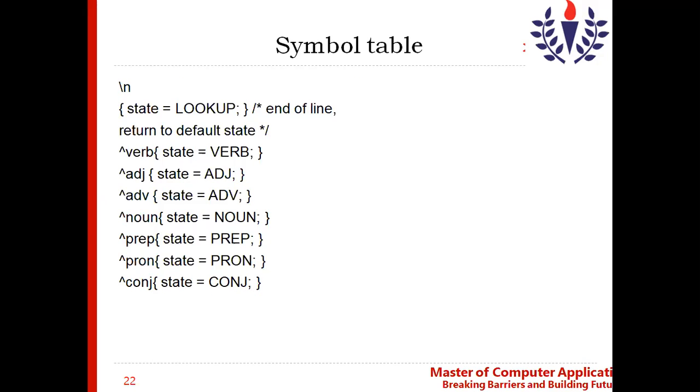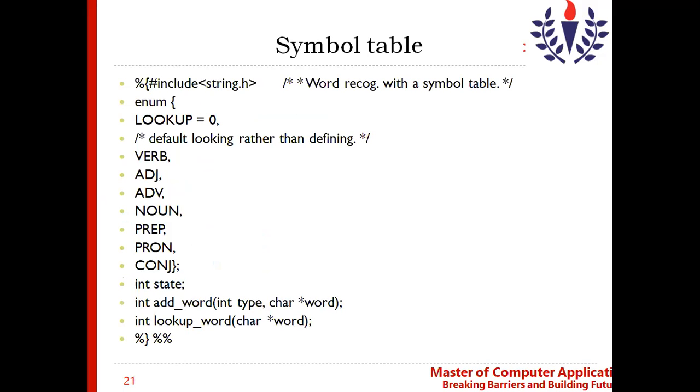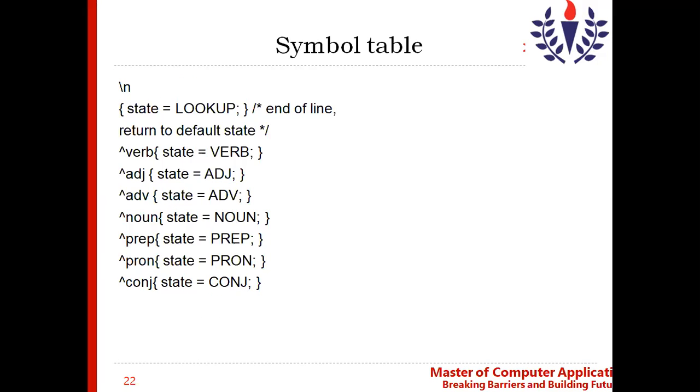For the next line, caret symbol adjective, that is adj, then state is equal to adj. So adj is 2 over here because lookup is 0, verb is 1, then adjective is 2. So state is equal to 2. Similarly, for adverb, noun, preposition, pronoun, conjunction, all these, the state value will correspondingly change.